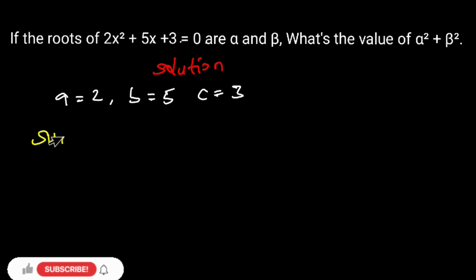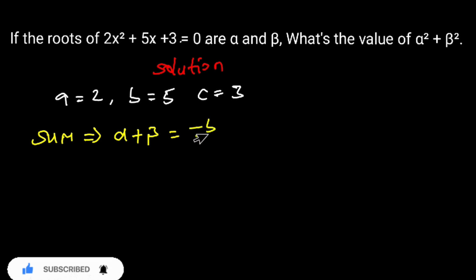So the sum of the roots is given by alpha plus beta, which is equal to minus b over a. Then the product of the roots is given by alpha times beta, which is equal to c over a.